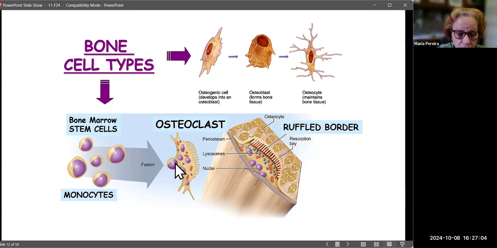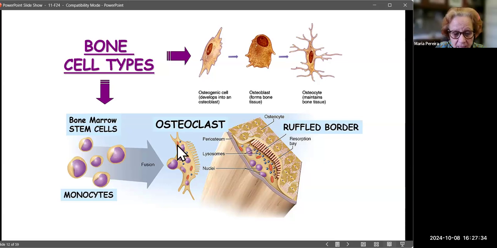So the origin of the osteoclasts is not the osteogenic cells. They come from monocytes. They come from precursors of white blood cells. So these monocytes, which are precursors of white blood cells, differentiate into osteoclasts. Some of these fuse to each other, and that's why they make these gigantic cells that are the osteoclasts.